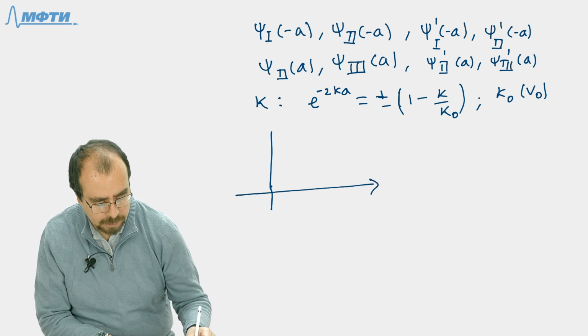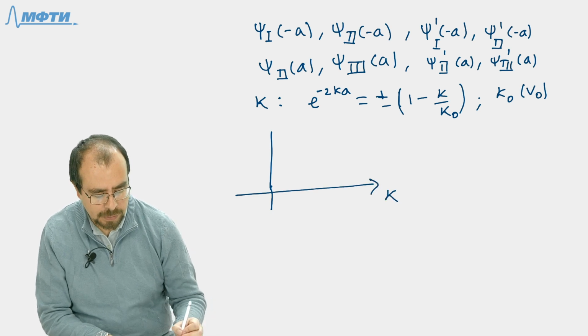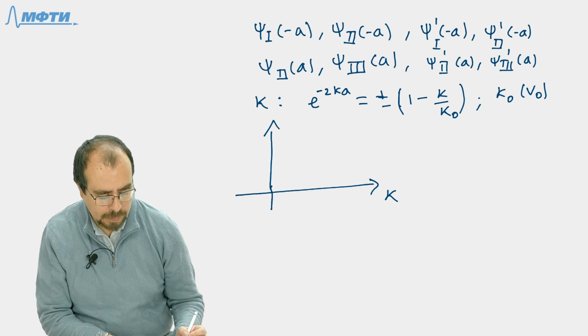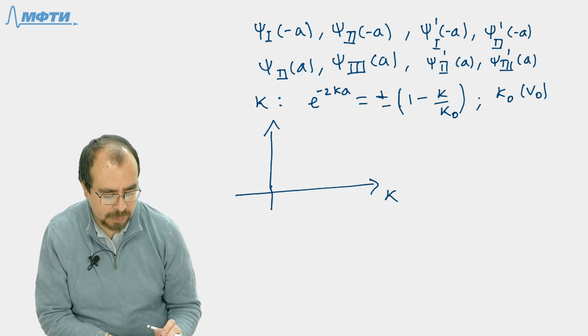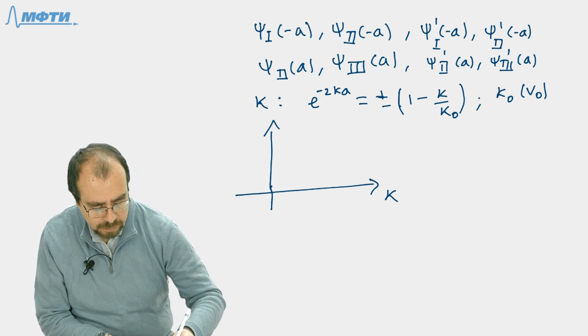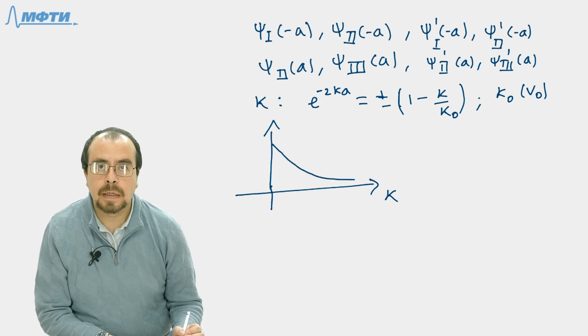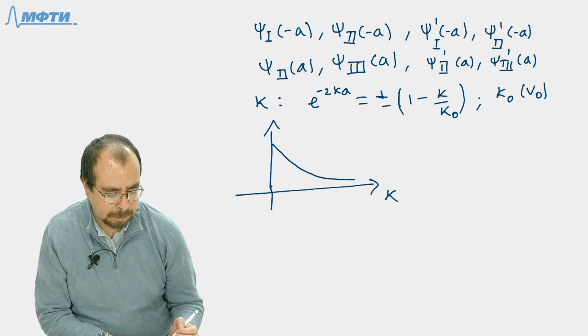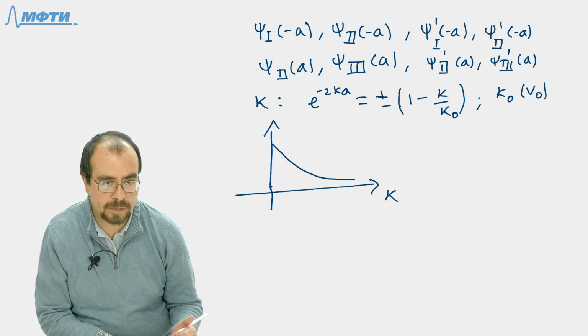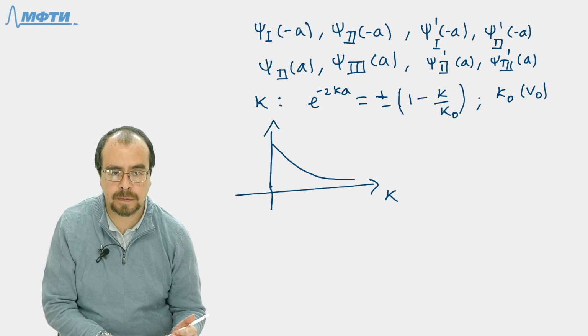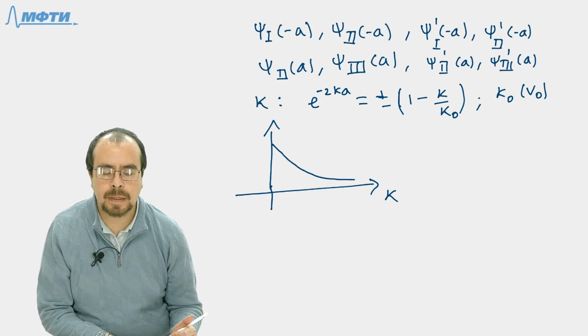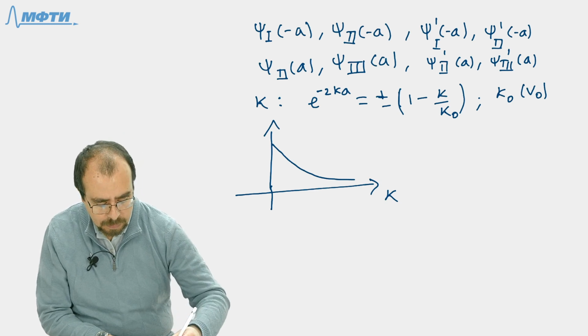So if we do this, we will have here our variable k. We know that this exponential is a decreasing function like this. And the right side of the equality will be only a line with a negative slope, something like this.